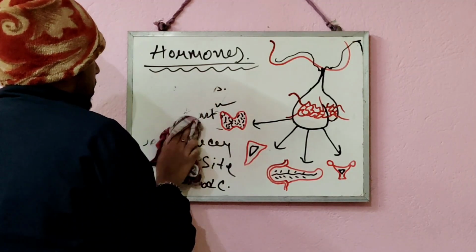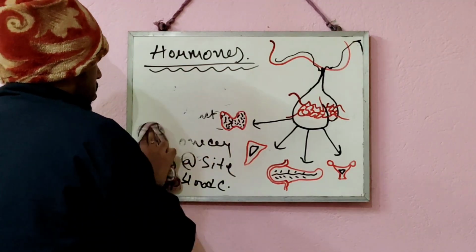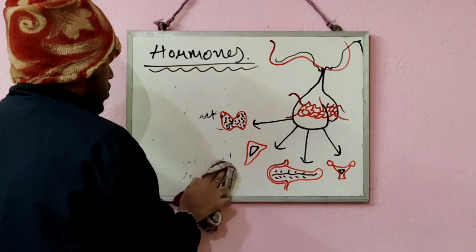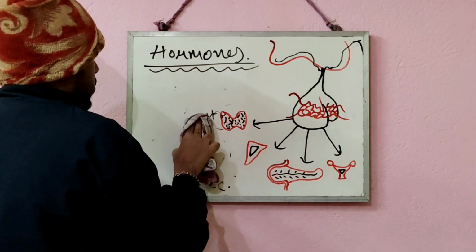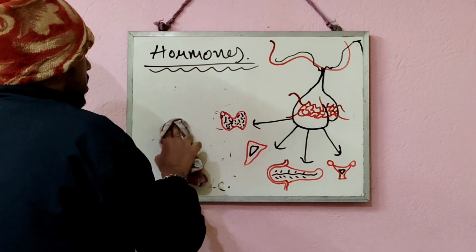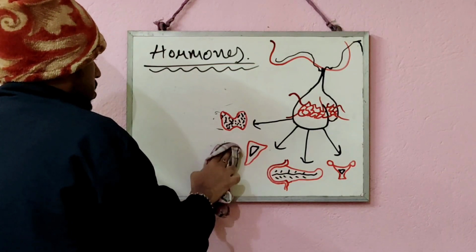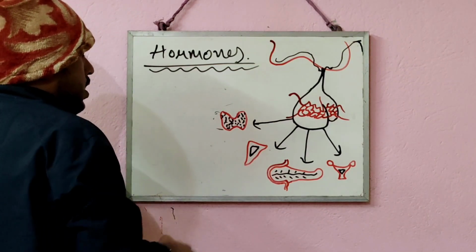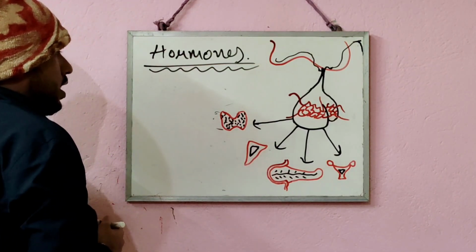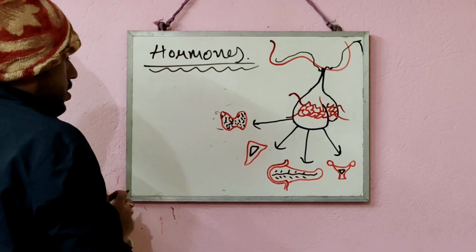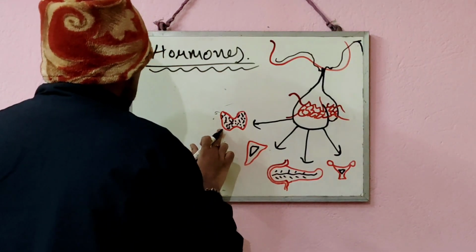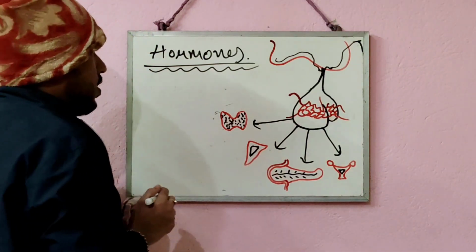So that was the simple definition, and how the word hormone came from a Greek word. Now we have to understand the different sites of hormones and their different types of functions. Before that, we have to understand where hormones are generally secreted from.